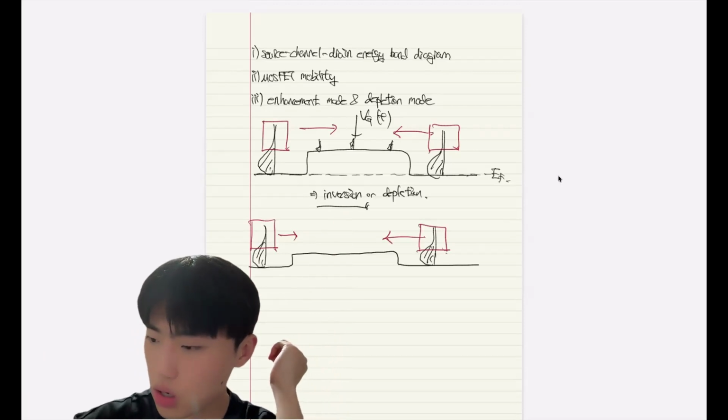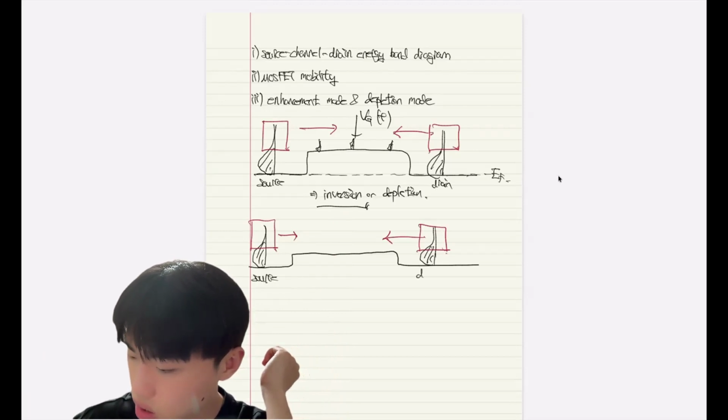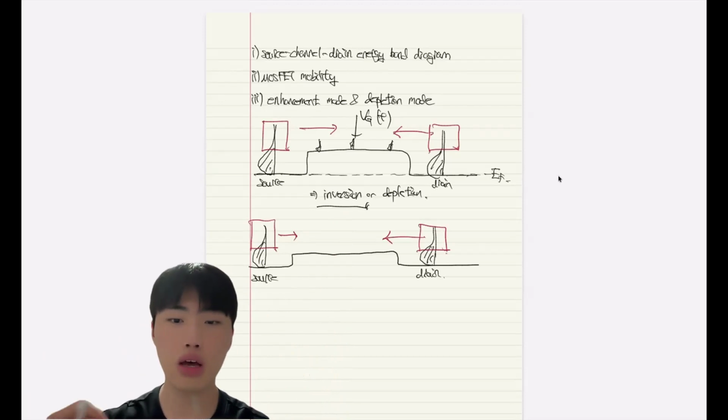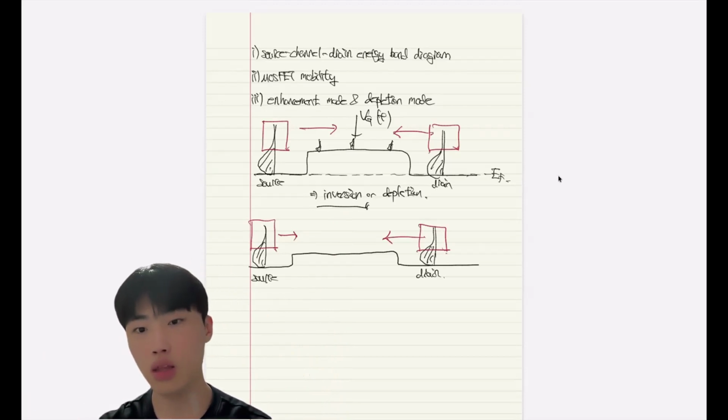Here will be the source, and here will be the drain. So when you have some drain bias on it, the bias will be positive.